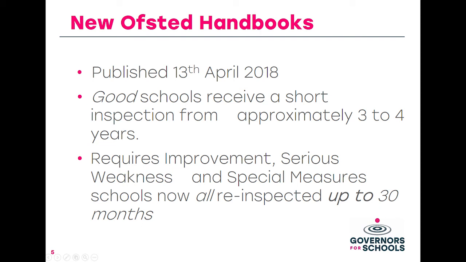And these previously were 18, 24 and 30 months, and this has now been changed in the new documentation to show a re-inspection of up to 30 months for all of those schools.